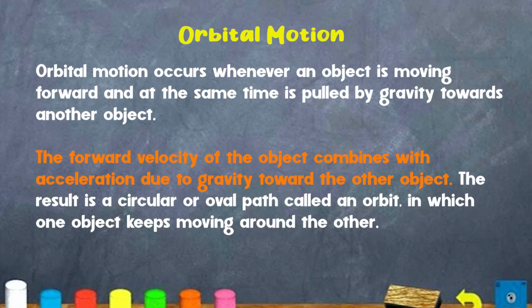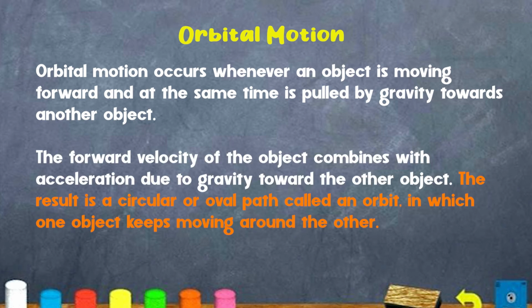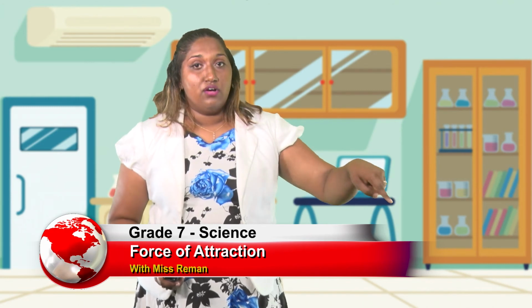The forward velocity of the object combines with acceleration due to gravity towards the other object. This results in a circular or oval path called an orbit. Hence the reason we have an orbit, or a circular pathway, in which that object keeps moving around the other.